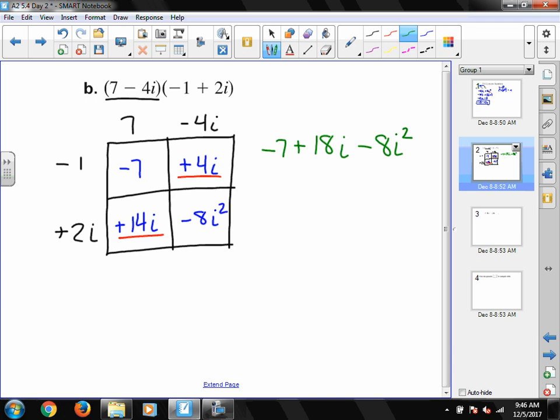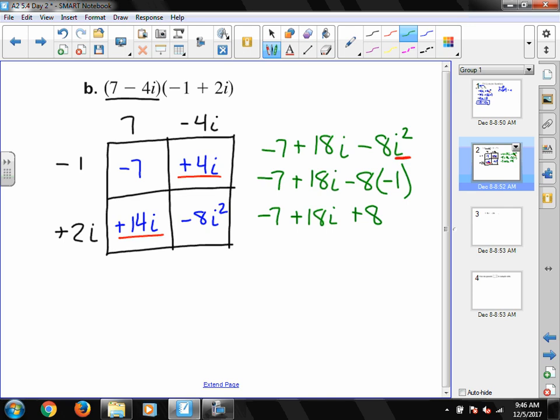But if you remember from the last problem, we know something special about this i squared. So we're not done simplifying. We're going to take negative 7 plus 18i minus 8 times negative 1. So negative 7 plus 18i plus 8 is what we end up with.